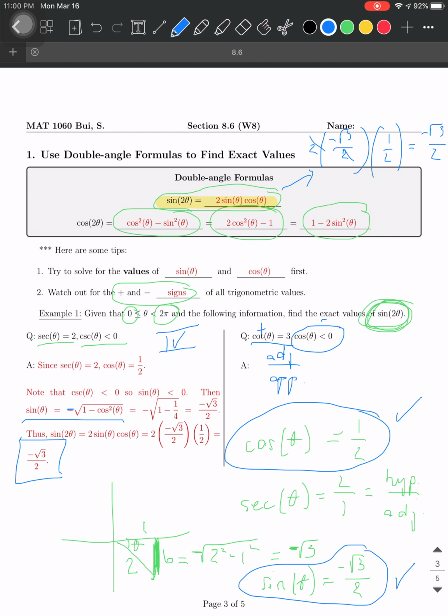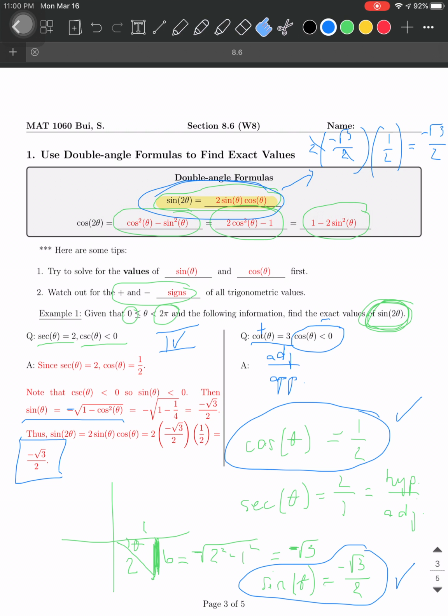So make sure you base it on the All Students Take Calculus rule, and you have to specify your quadrant. From there, draw a right triangle, label the sides of the triangle, and then find the values of sine and cosine. After that, plug them back into this formula right here, and then you get your final answer.